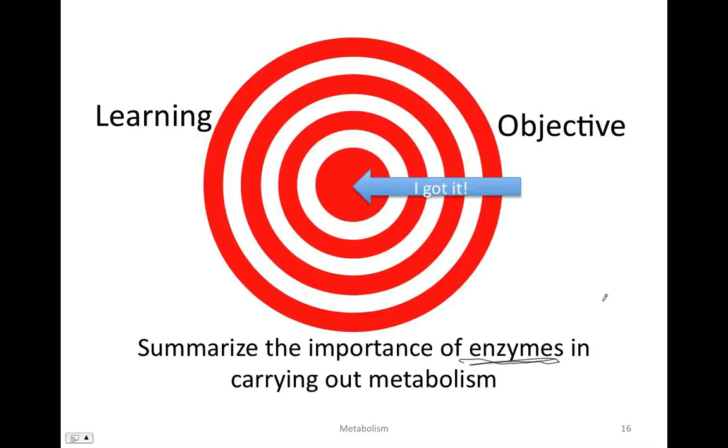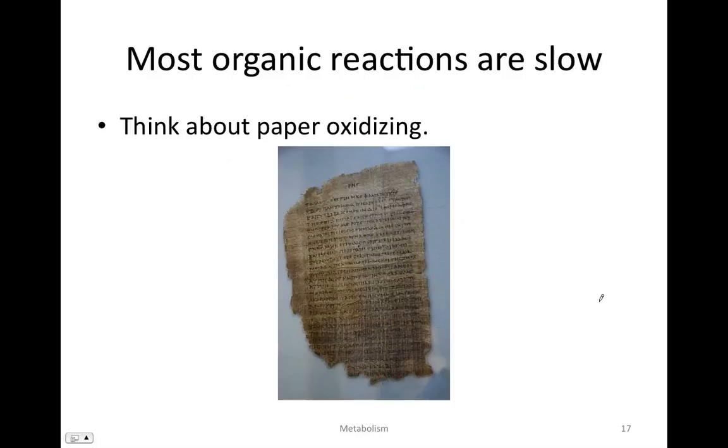To understand how enzymes work, we have to start out by pointing out that most organic reactions are slow. A really good example of a chemical reaction is probably right in front of you right now. Somewhere around you, even though you're looking at a computer, is probably a piece of paper. Paper is always undergoing a chemical reaction.